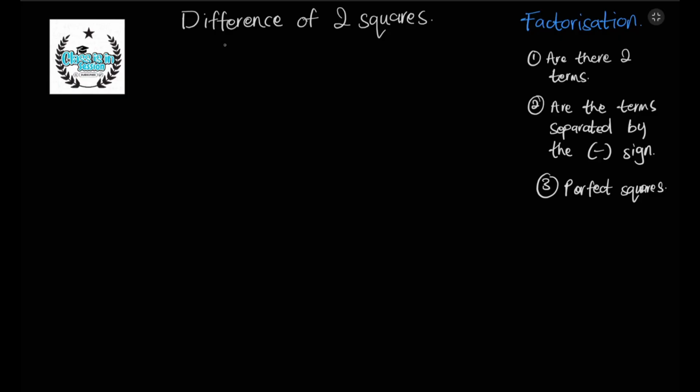To understand it, let's break it down. You have the difference first, right? When you see the term difference in mathematics, you should know that it means subtraction. So you have to think of a minus sign. The difference of two means that there should be exactly two terms.